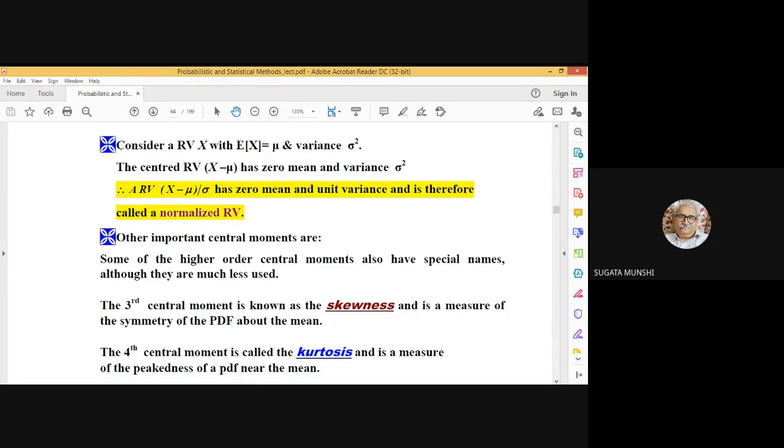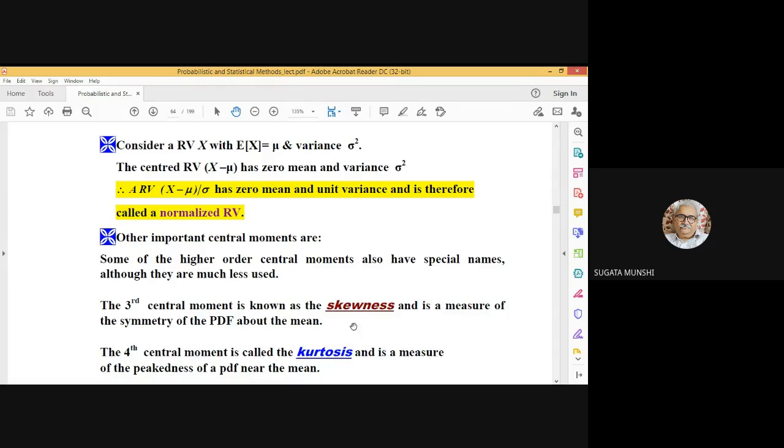There you have to do numerical computation and form tables. Obviously, those tables will be different for different values of mu and sigma. So that is a hindrance in the way of formulating tables.